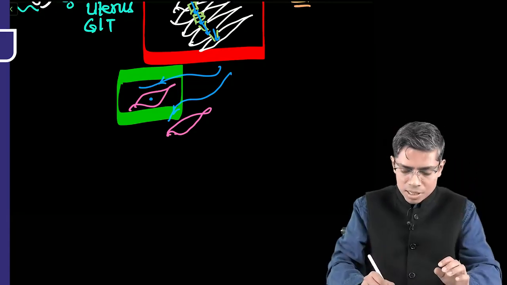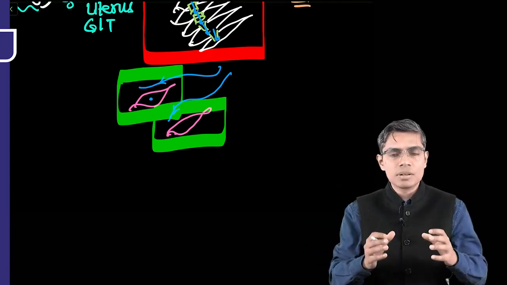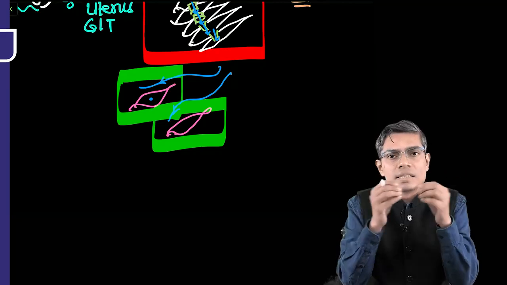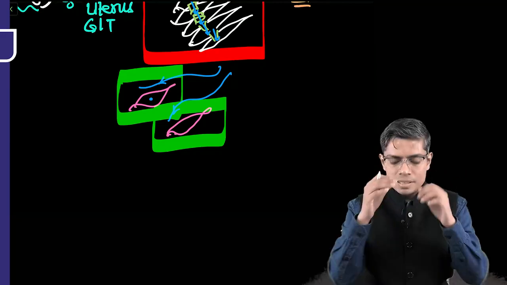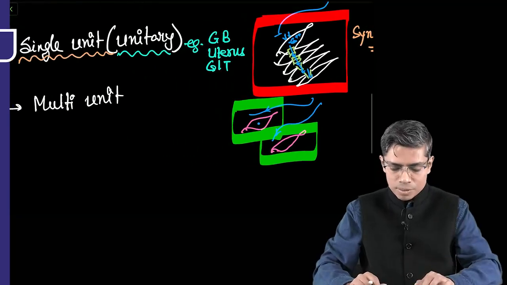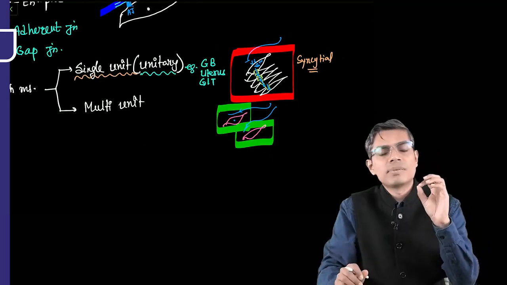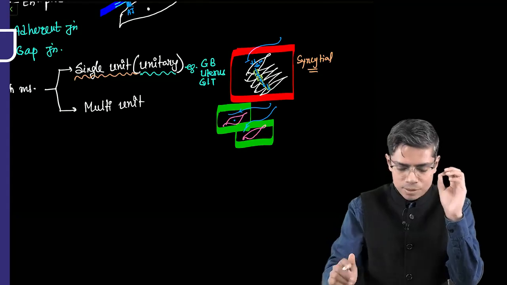That means within a smooth muscle there are multiple units, because the gap junctions are not connecting these smooth muscles with one another. This is typically known as multi-unit smooth muscle. Multi-unit smooth muscles are required for fine control. Whenever you require fine control, you require multi-unit smooth muscle.